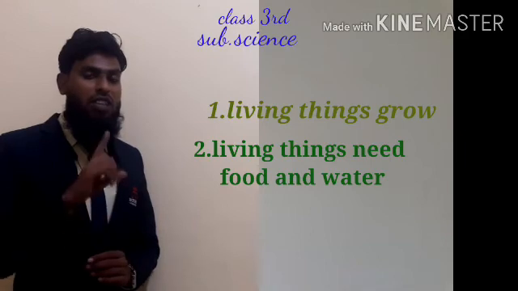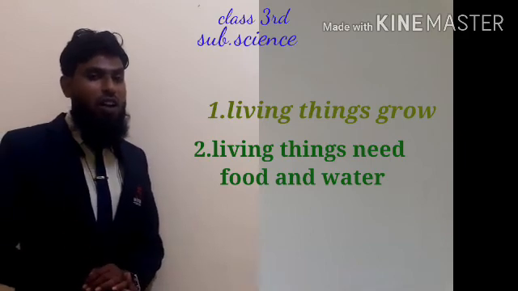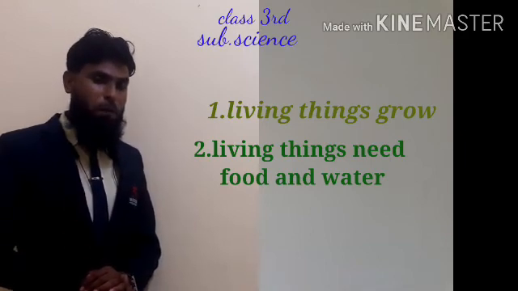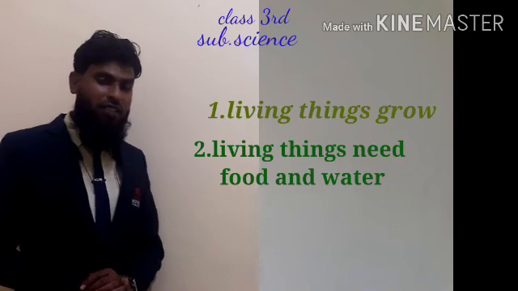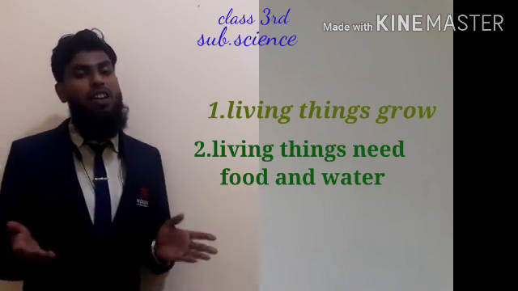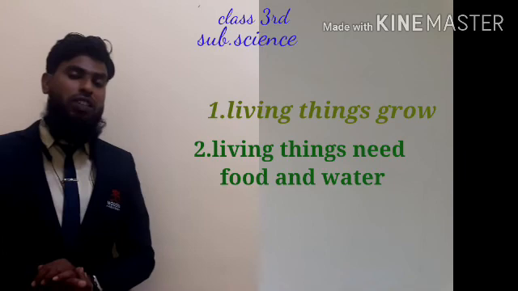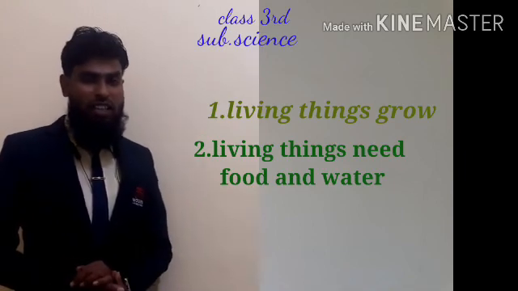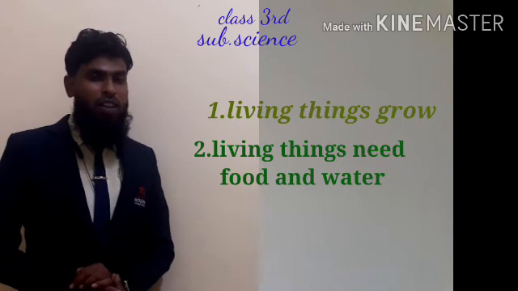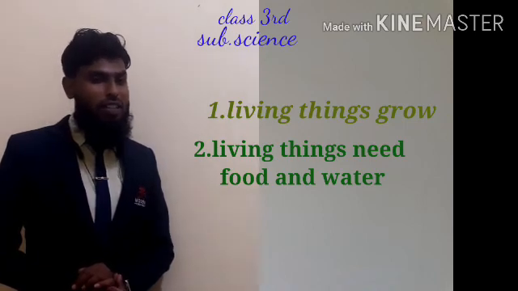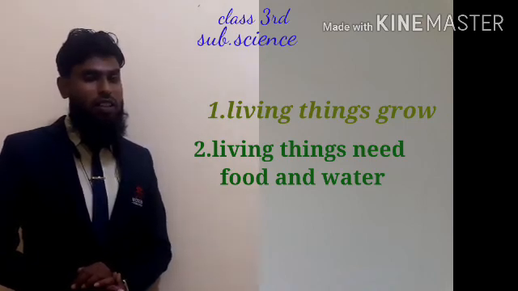And non-living things do not need food and water. Got it? I hope you all have understood these two features of living things. Okay? If you have any queries, then ask me.